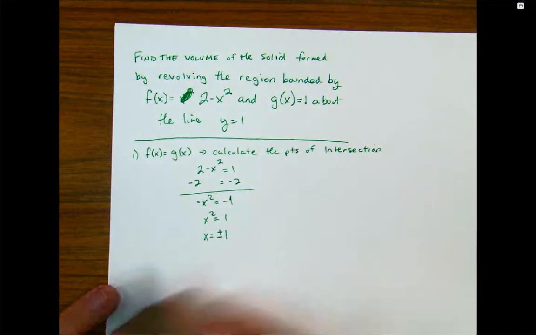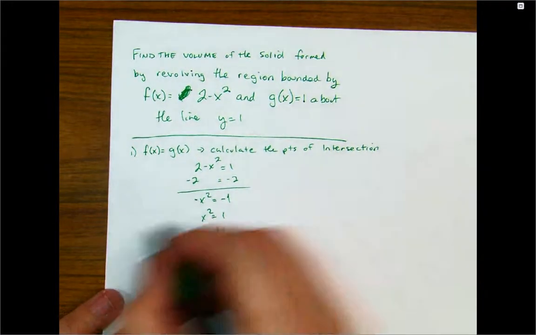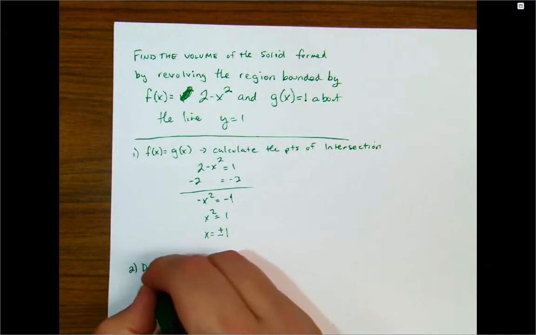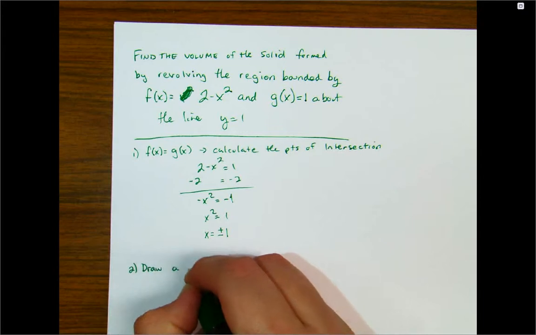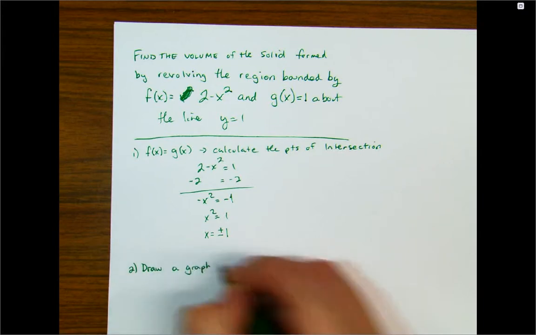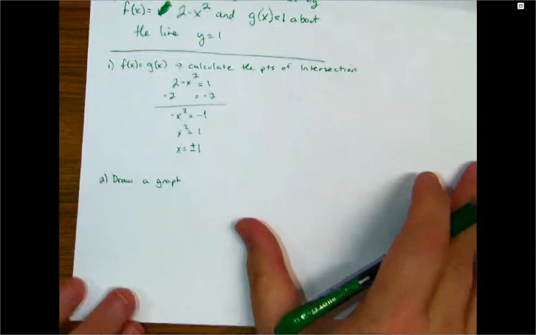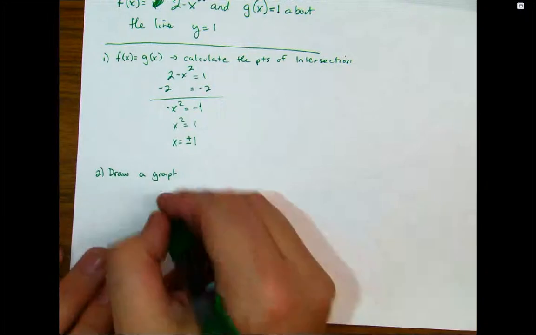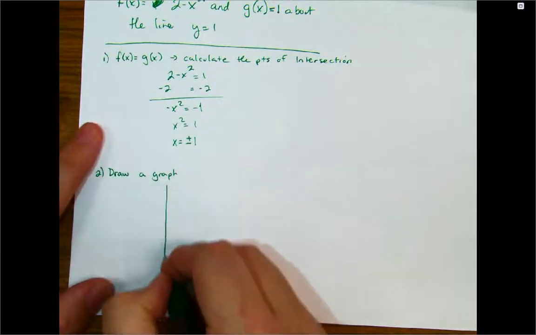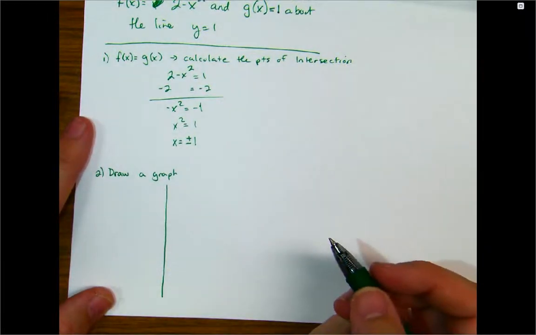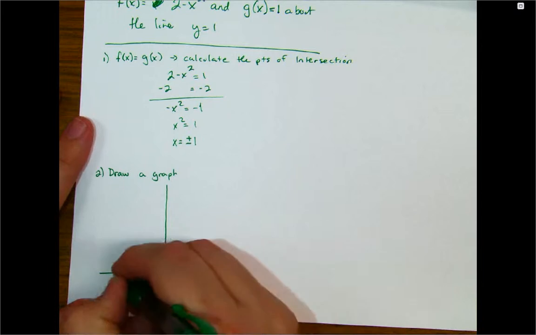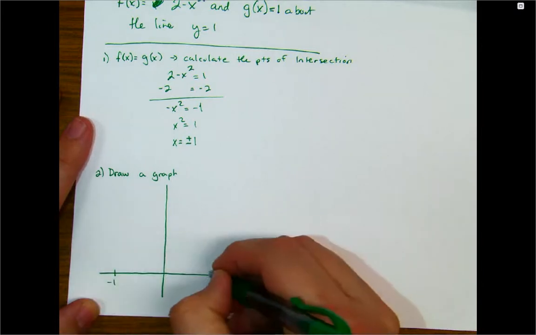So now, for step 2, draw a graph. And it doesn't have to be perfect. And since we're above the x-axis, I'm going to put a negative 1 there and a positive 1 there.